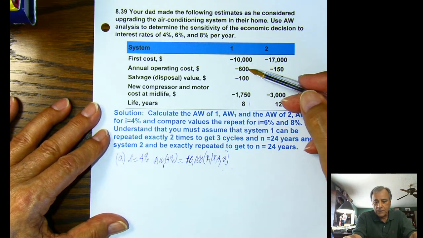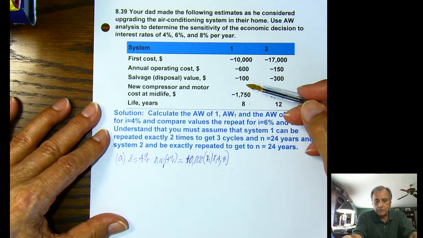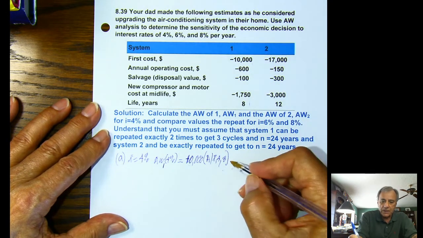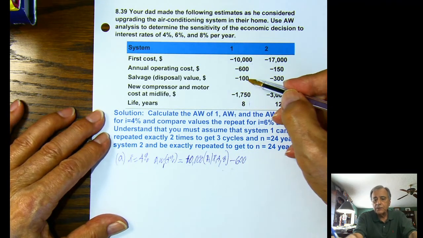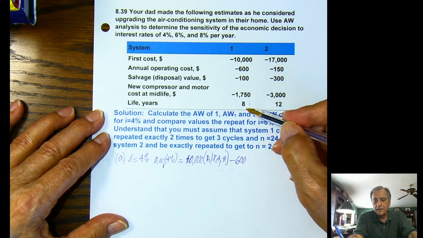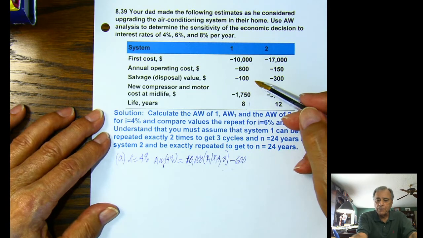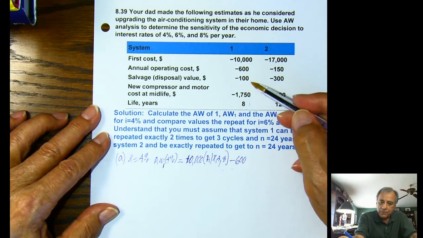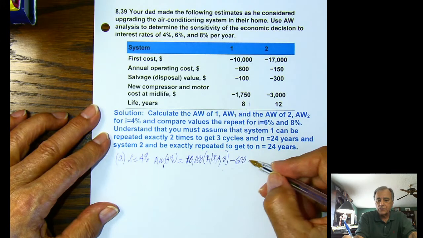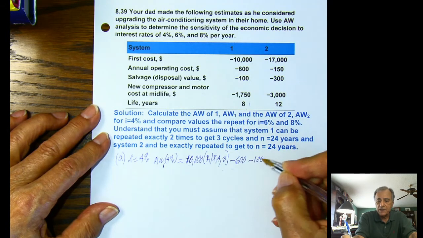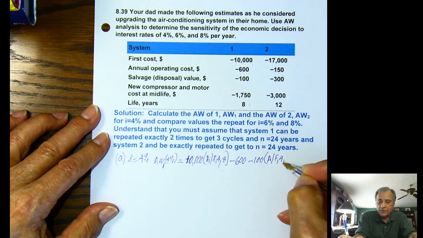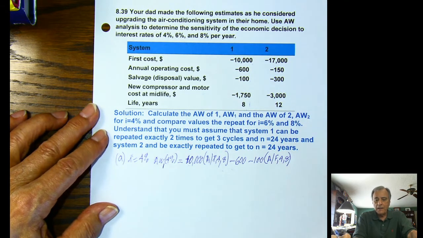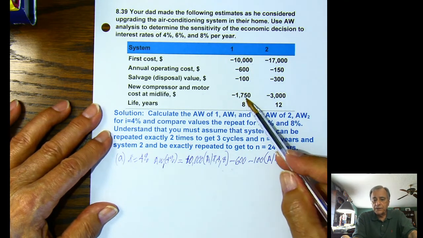Annual operating cost is $600, and the salvage value, well, we'll have to put the $600 here. That's the dollars. But this is a salvage value that occurs at time 8, so we need to bring this and spread it back over the 8 years. I'll just do it A given F. So that's minus 100, A given F, 4% for 8 years. But this one occurs at the end of year 4.